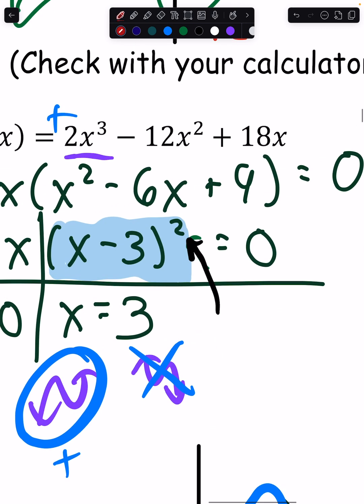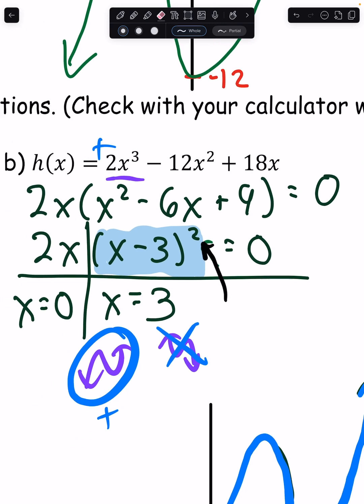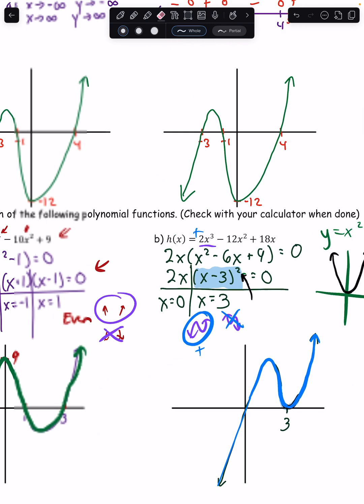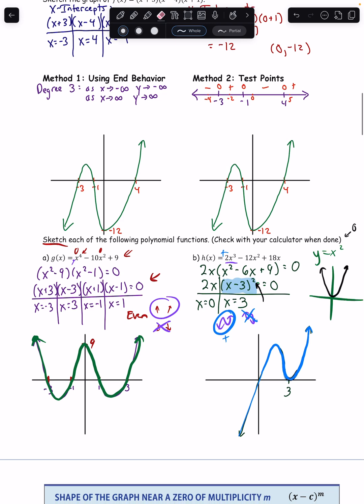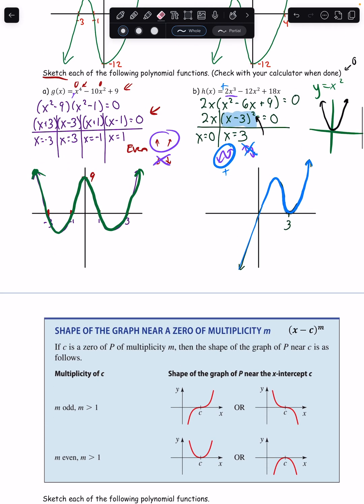If it was a degree to the 4th, or to the 6th, or the 10th, or any even degree for that 0, it's always going to bounce. And that is the shape of the graph near zero of multiplicity M rule. So multiplicity just means how many times that zero is happening.